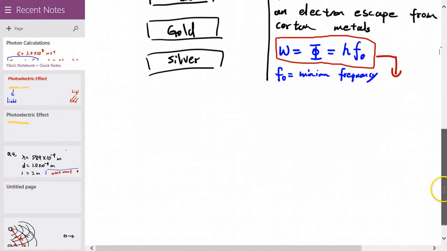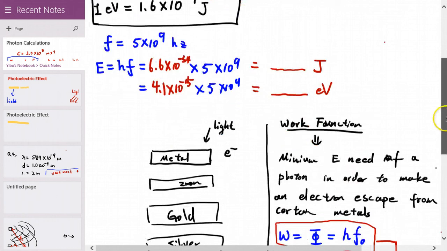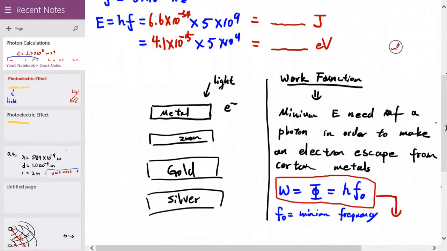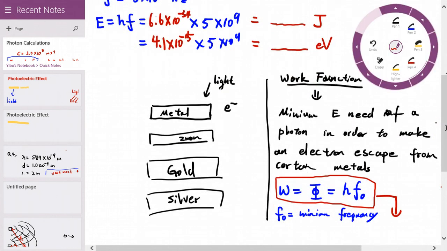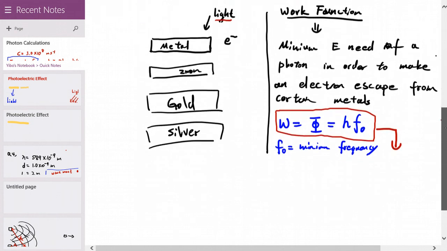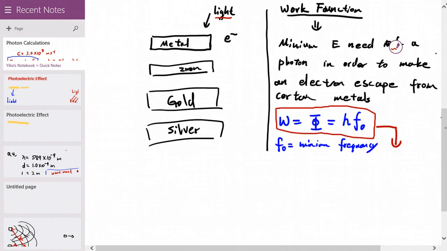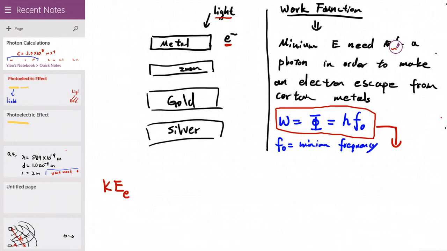Now let's do some more equations. The other important equation is about the kinetic energy, the energy held in the electron.